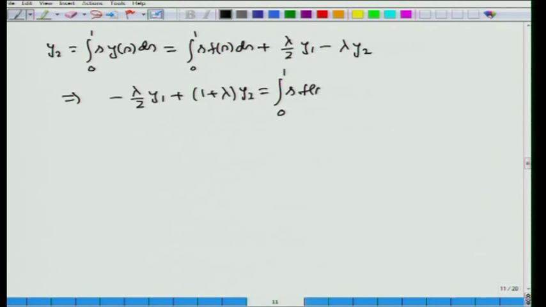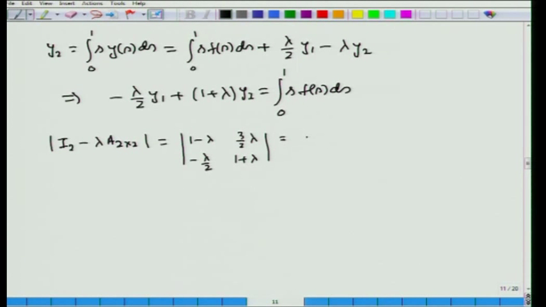And therefore, the determinant, that is I minus lambda A, a 2 cross 2, is equal to the determinant with rows 1 minus lambda, 3/2 lambda, then minus lambda/2 and 1 plus lambda.